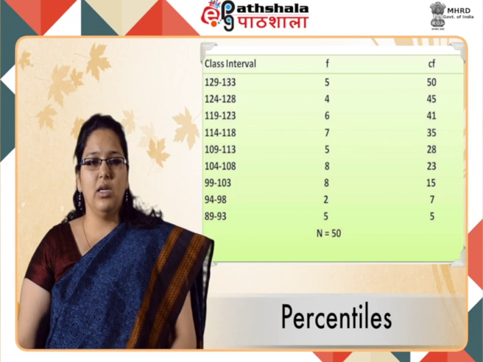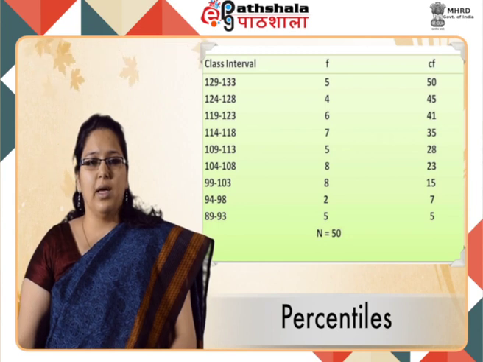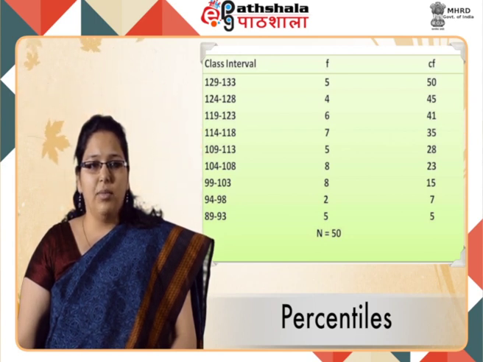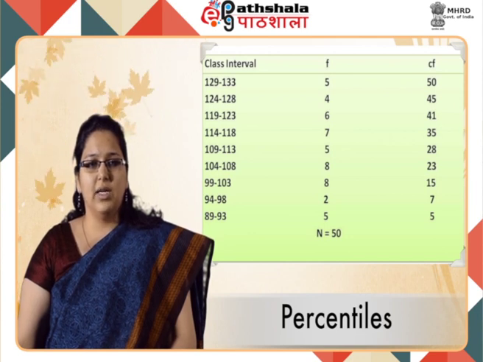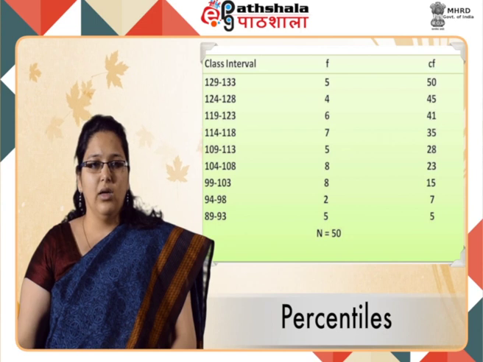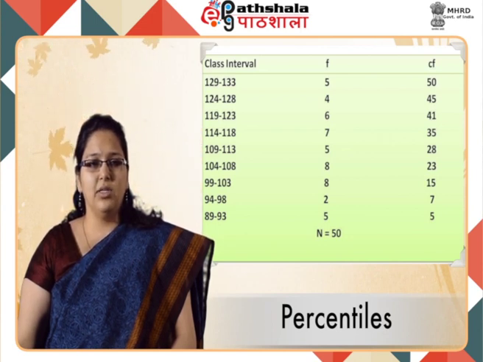The frequency of the class interval whose percentile is being calculated is 8. Applying the formula, P20 = L + ((Pn − Cf) / F) × i, we get P20 as 100.375.